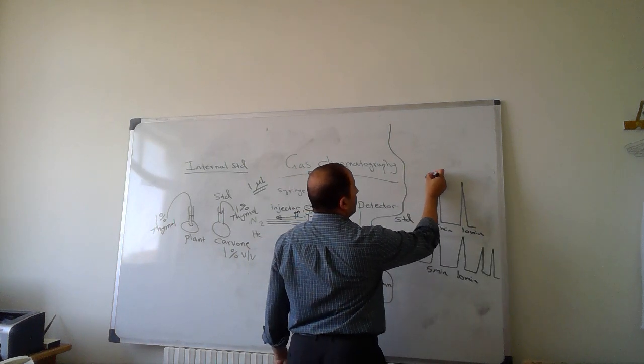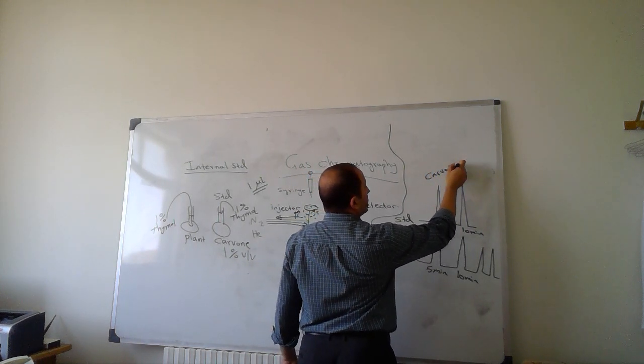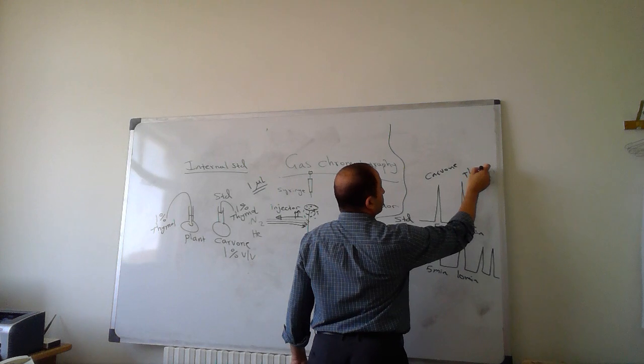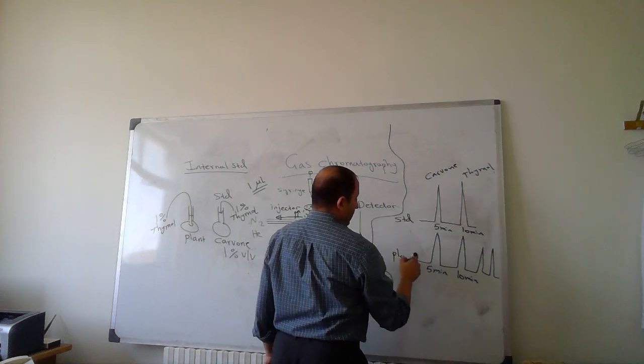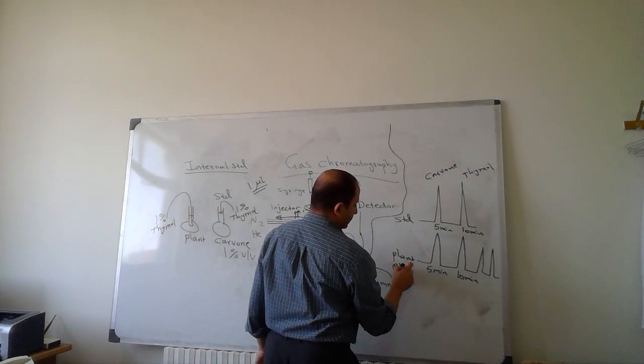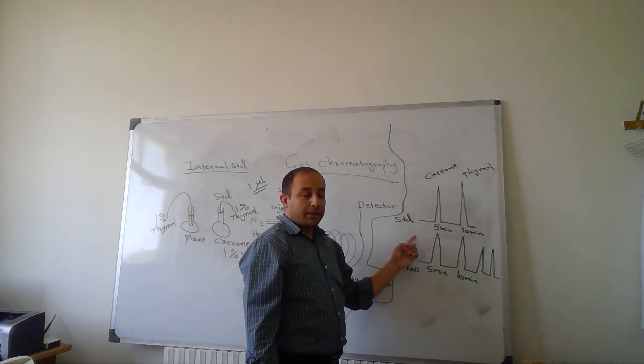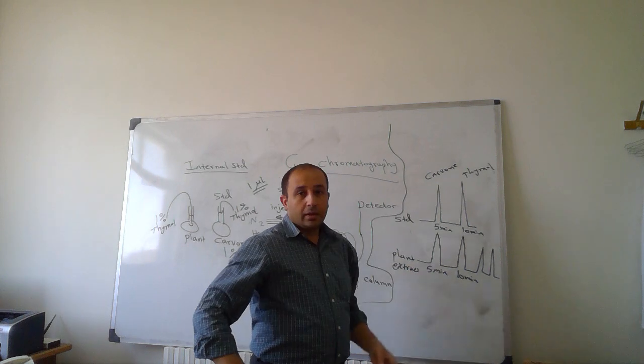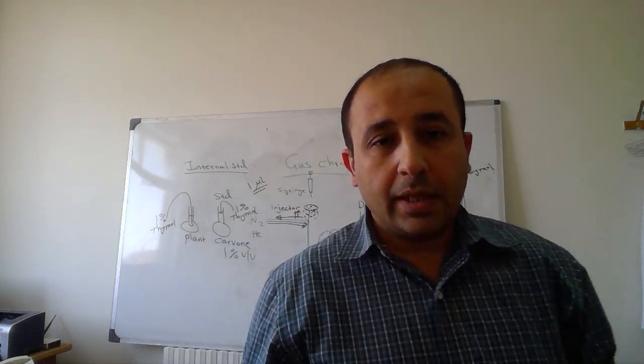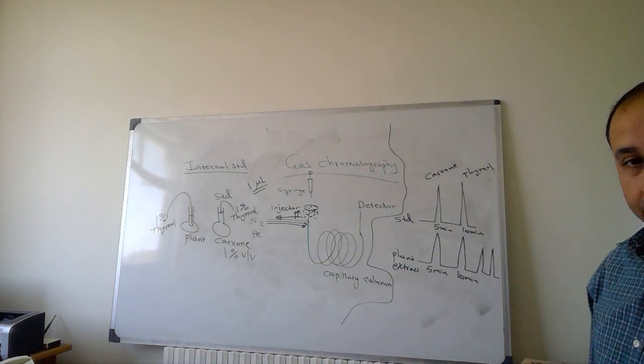So I know now this is carbon, this is thymol. In the plant extract, of course, the same 5 minutes will be carbon, and the one at 10 minutes will be thymol.